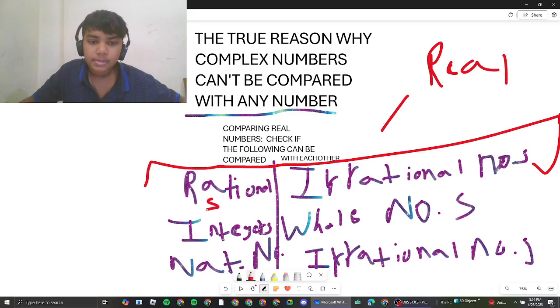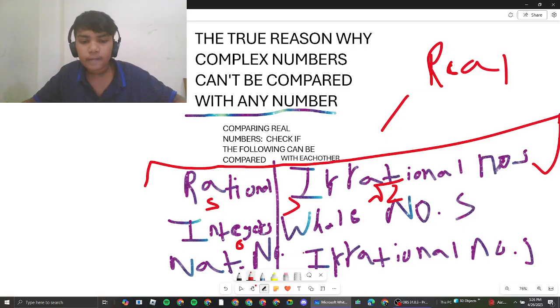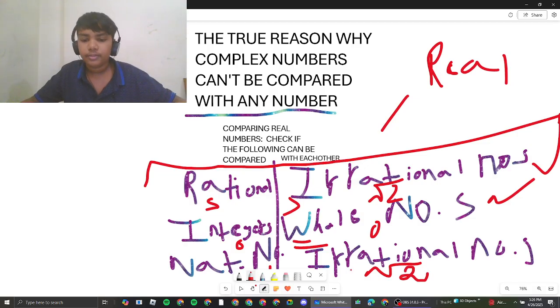Like 5 can be compared with the square root of 2. This is greater. Zero is an integer. 0 can be compared with 0. Yeah, they can be equal. And natural numbers like 1, irrational numbers, square root of 2. This is greater.